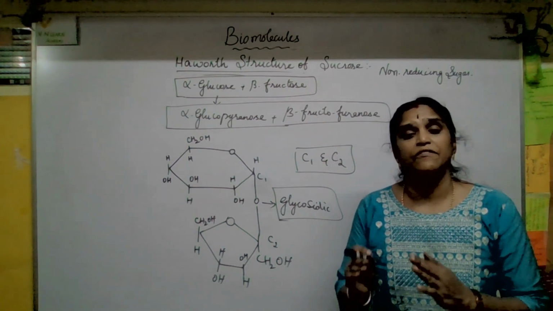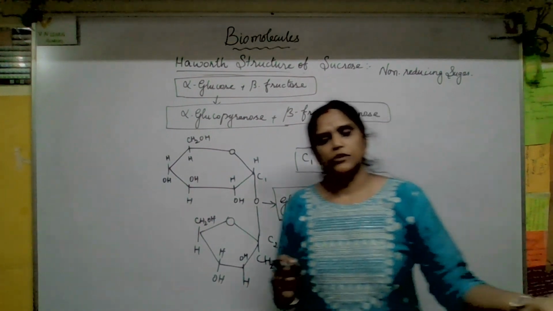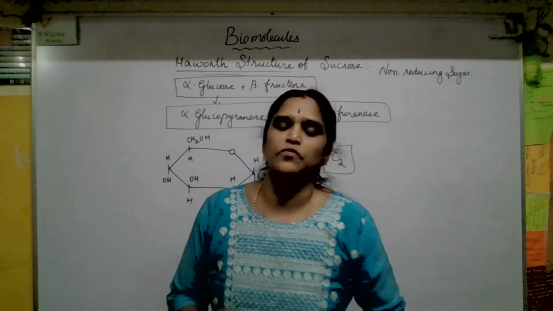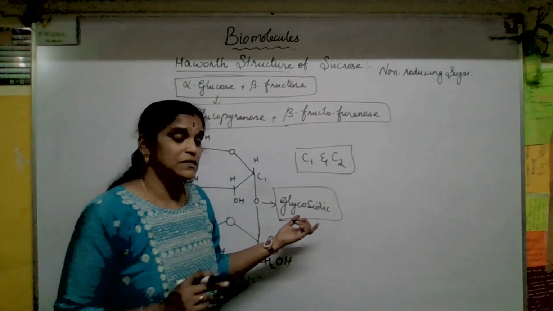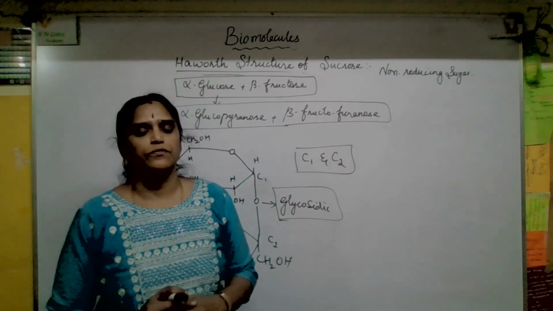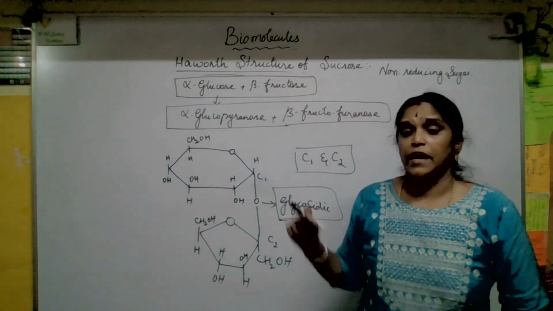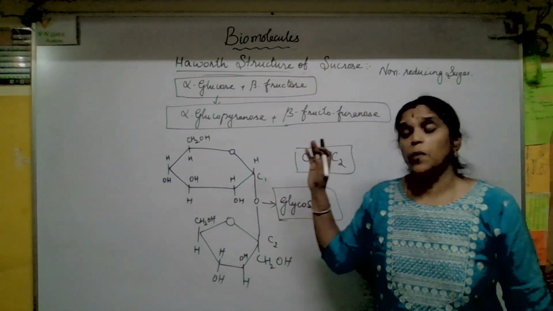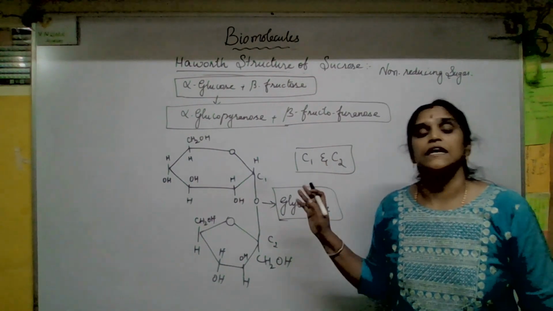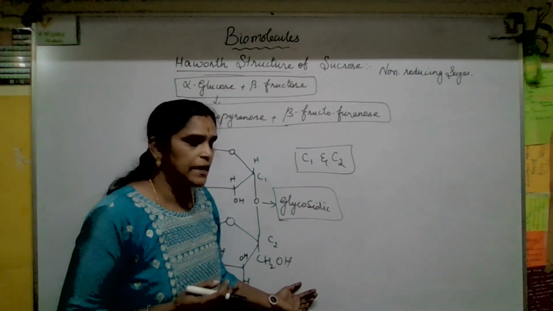Why? They have a free aldehyde group, so they answer Tollens' reagent and Fehling's solution, whereas in a non-reducing sugar there is no free aldehyde or keto group, so it will not answer. They may ask the question, why is sucrose a non-reducing sugar? Hope you understand very clearly.